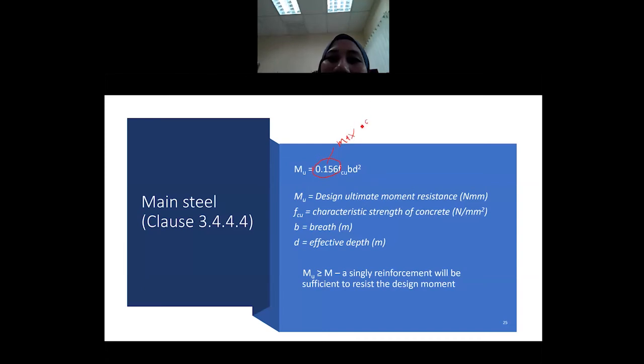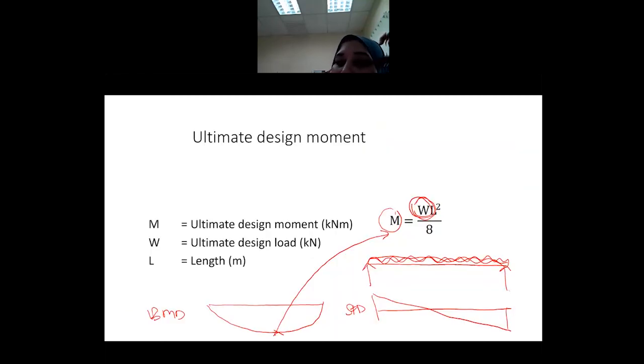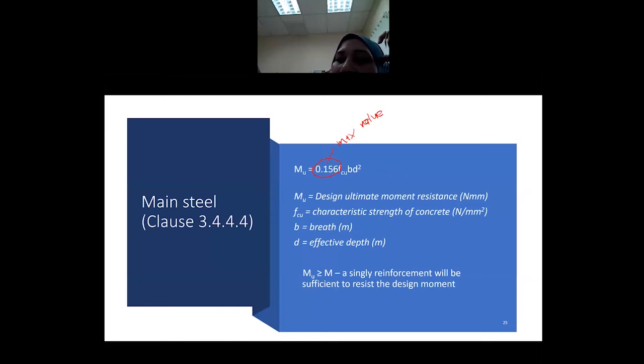Okay, maximum value. So maximum value, you must make sure that maximum value is not reached. So maksudnya, okay, you kena guna this formula, you akan comparekan dengan the early value of M you ni, ultimate design moment. Okay, so ultimate design moment you perhaps you akan dapat lah some value and you have to calculate the value of MU, which is the ultimate moment resistance.